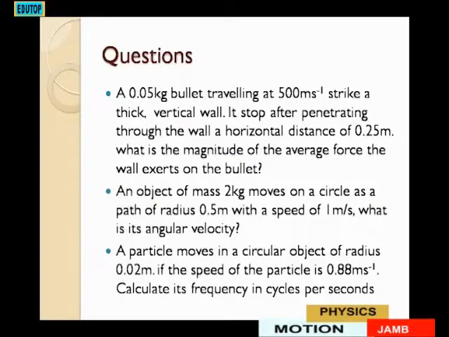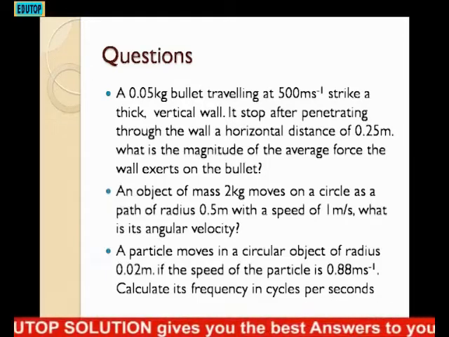For question number 25, an object of mass 2 kg moves in a circle of radius 0.5 meter with a speed of 1 meter per second. What is its angular velocity? This question is all about the motion of an object in a circular path.